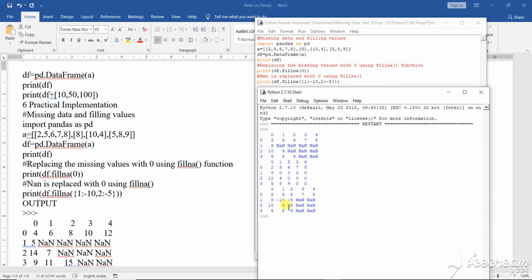And as the values have been replaced, you will see that the particular format of this structure has a specification: first minus 10, then minus 5.